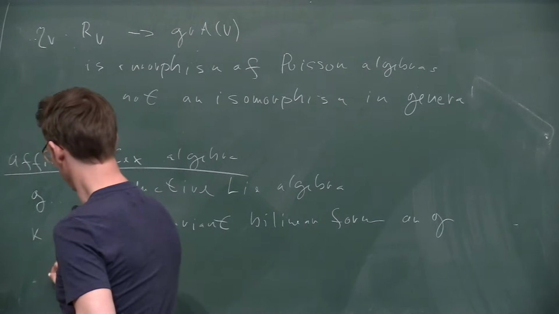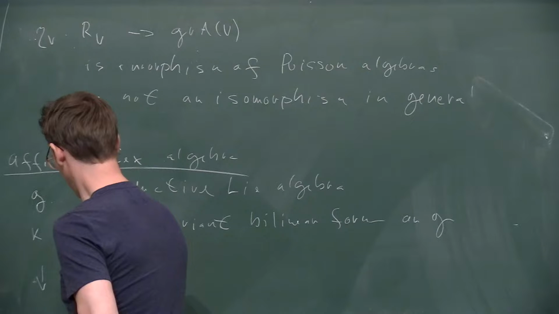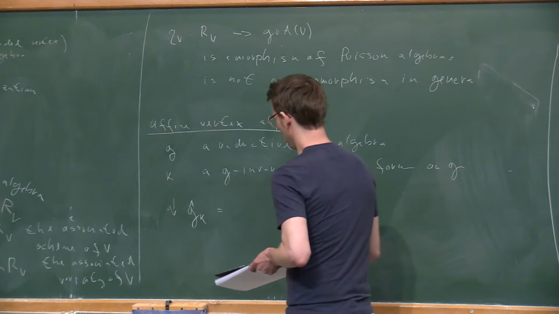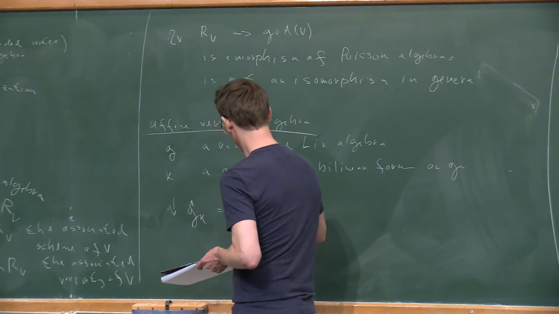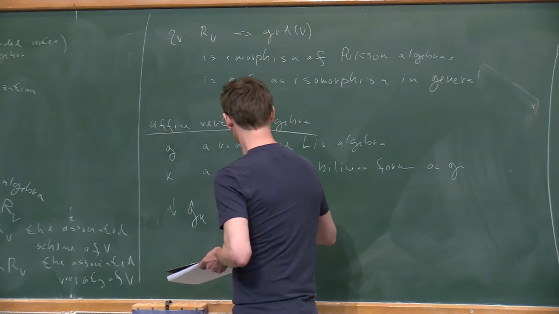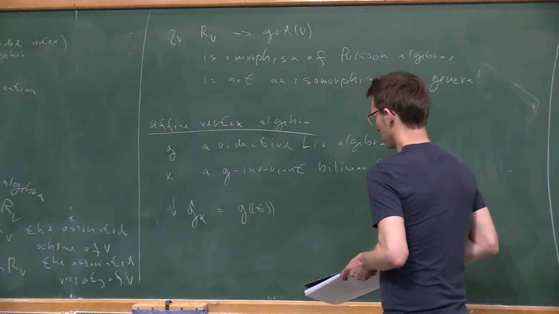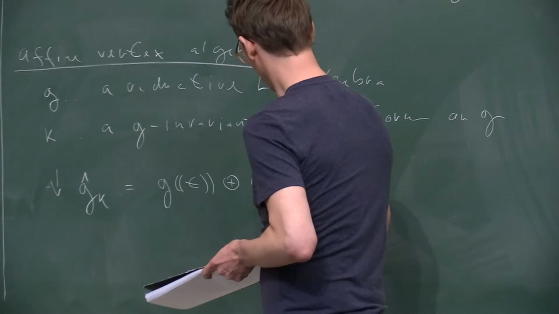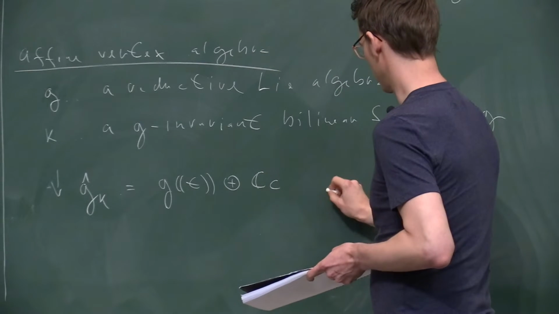If I have this data, I can consider the corresponding affine Kac-Moody algebra, which is just the one-dimensional central extension of the loop algebra. The element C is central.